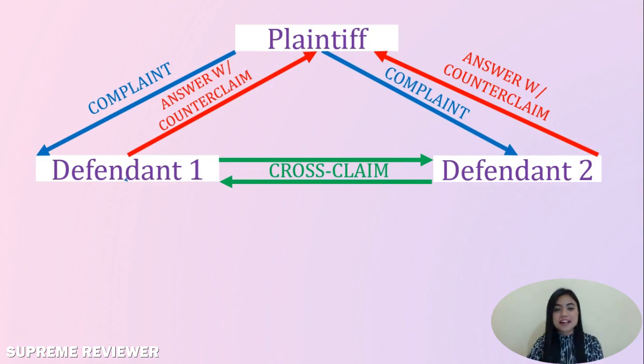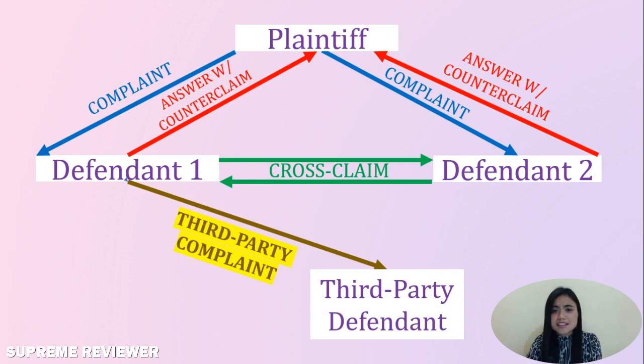Okay, let us illustrate. The plaintiff files a complaint against the defendant, and then the defendant files an answer with a counterclaim. Maybe there is a cross-claim against the co-parties like defendant 1 and defendant 2. Now, where does the third-party complaint come in? The defendant or the defendants may file a third-party complaint against the third-party defendant.